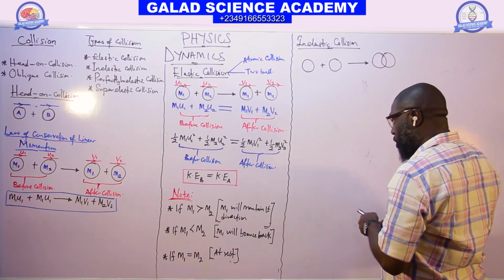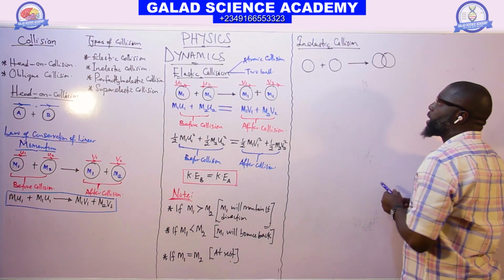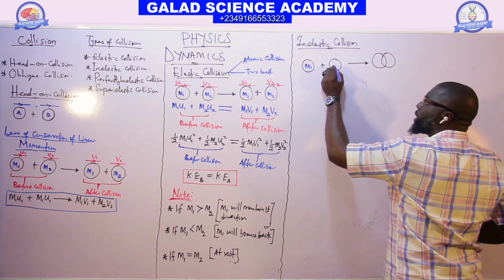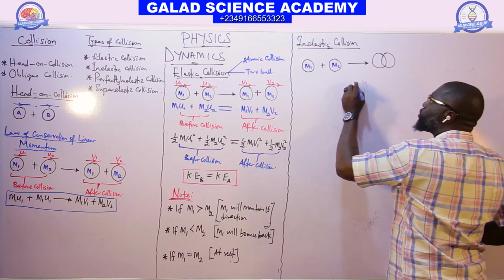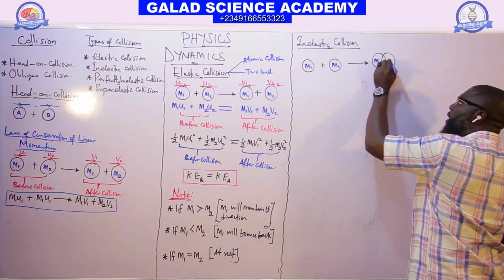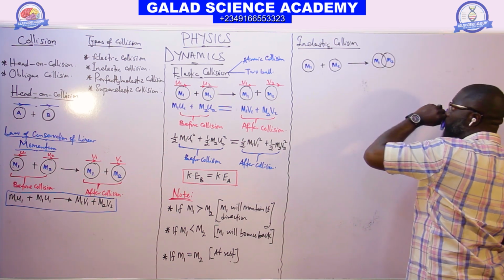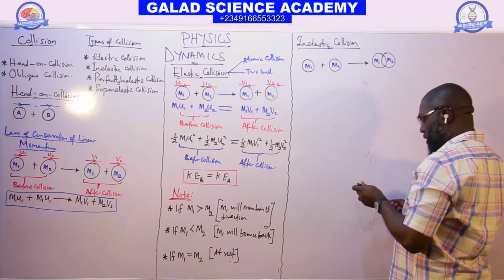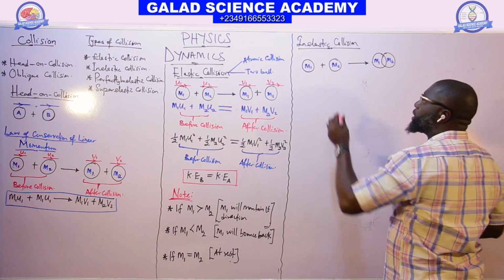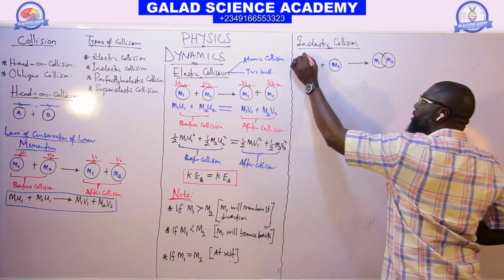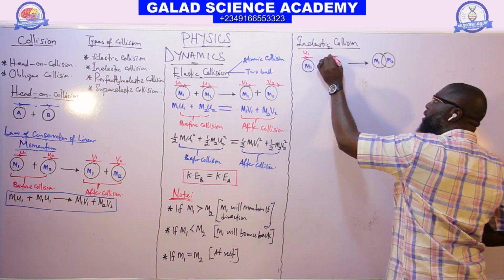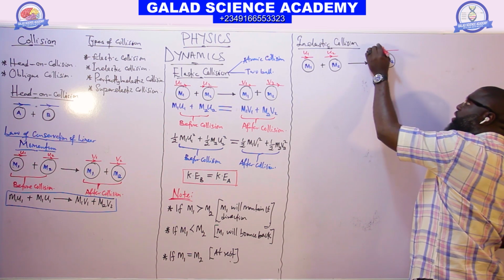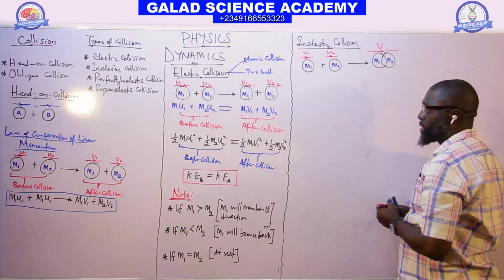So if you have mass m1 and mass m2, moving in this direction with velocities u1 and u2, and after collision both of them move with the same velocity v.